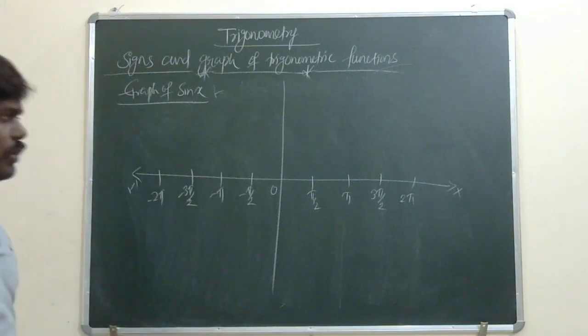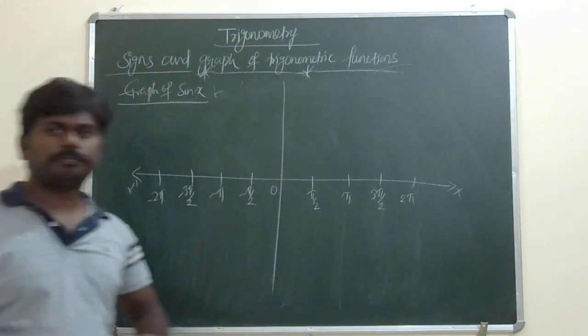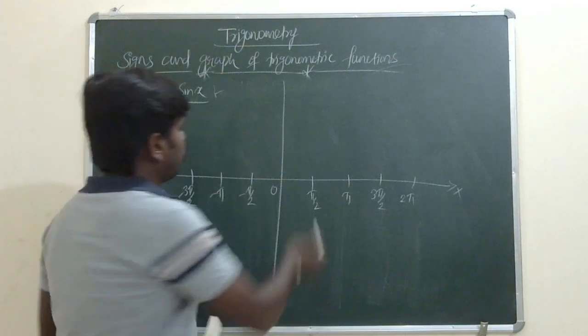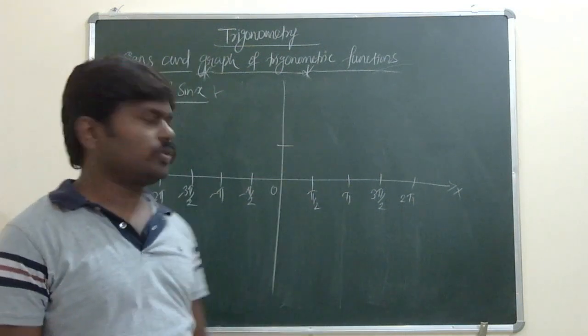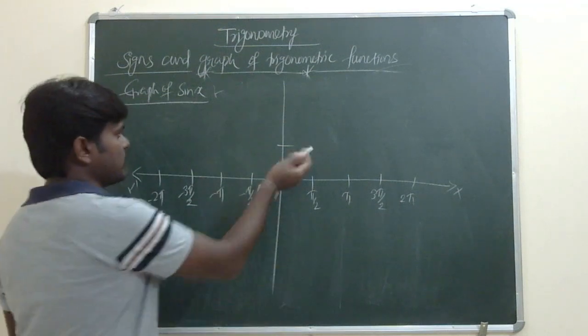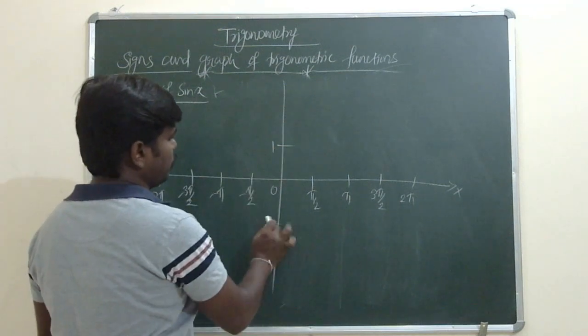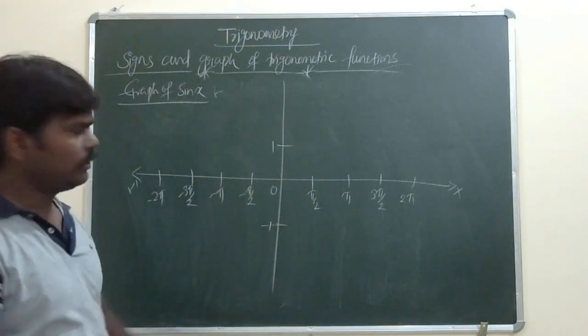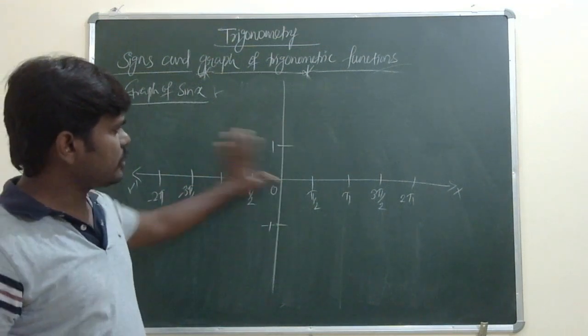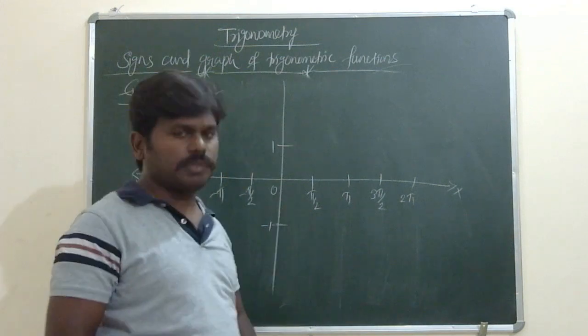Okay, so these are the intervals. Now, as we know, just now we have seen the range of sine and also cosecant. Here I am taking plus 1 and minus 1.